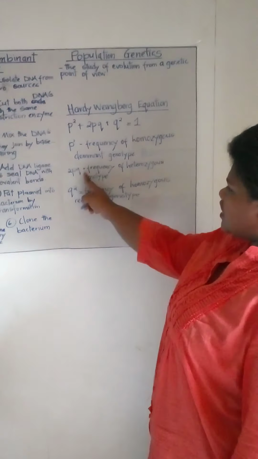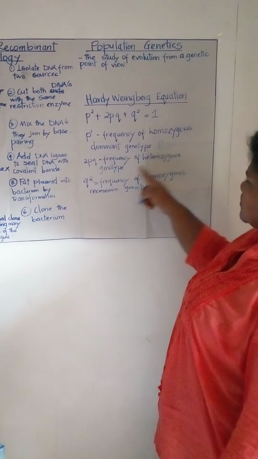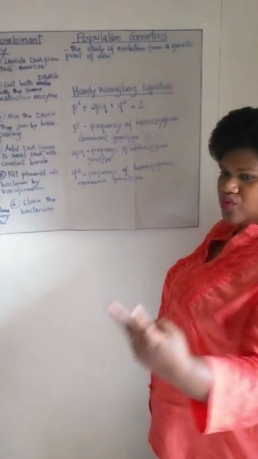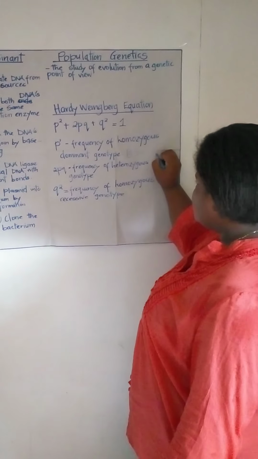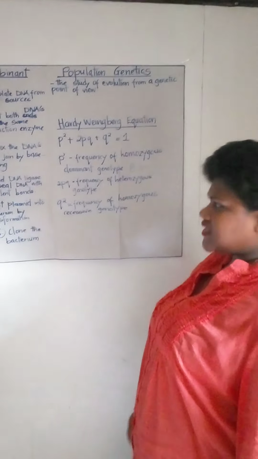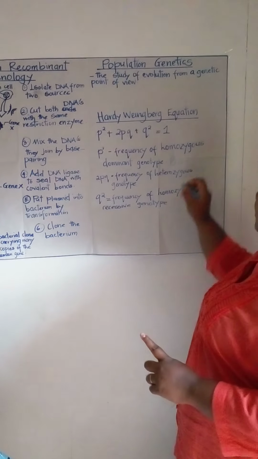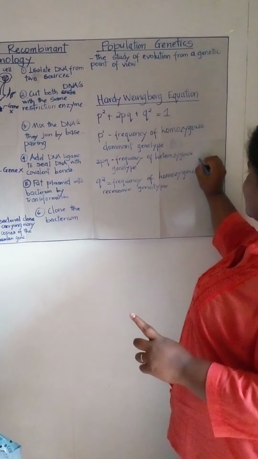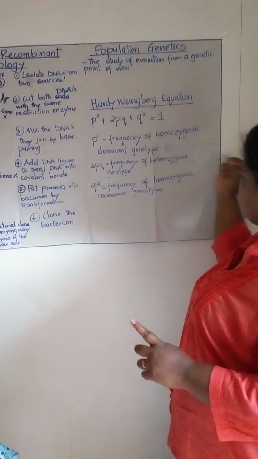2pq is the frequency of heterozygous genotype. Heterozygous means two different alleles, one capital B and one small b.